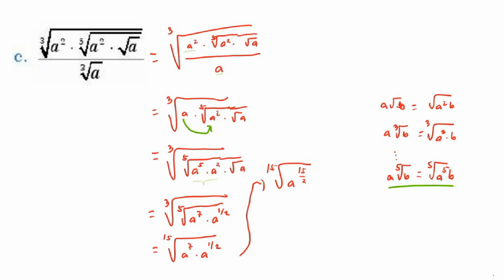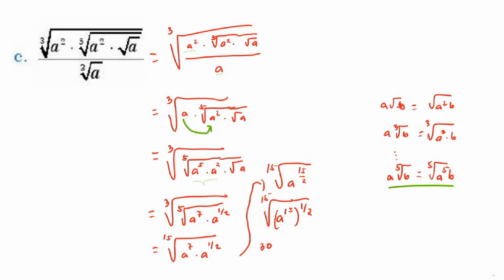So in other words, we can write this as the 15th root of a raised to 15, and then we have times 1 half. Since this is just a denominator, which is also an index, we multiply the two indices. We have 15 times 2, which is 30.